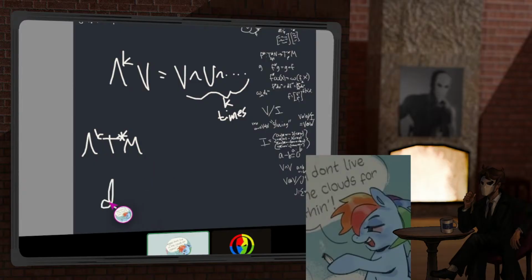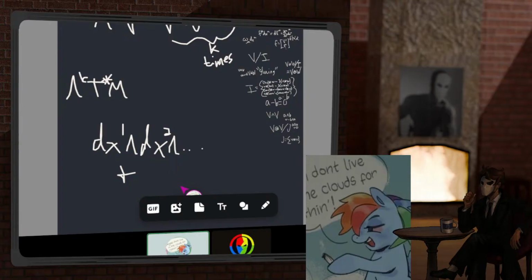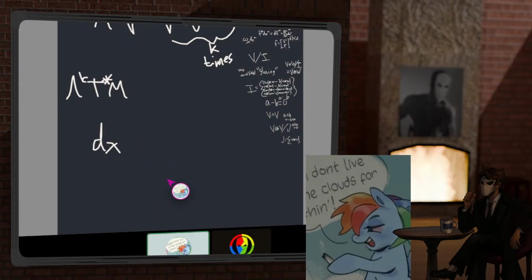We have anything of the form dx1 wedge dx2 wedge and so on, plus dx something else. There's lots of ways, based on how you can combine these things into wedge products.